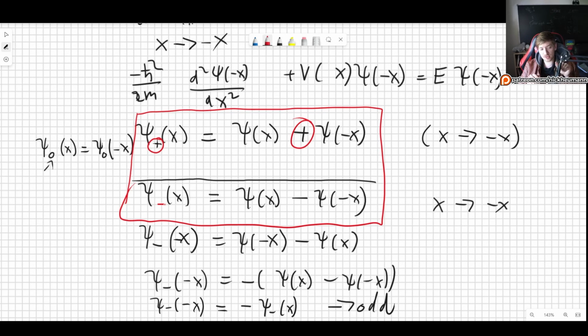You cannot imagine. I have an entire problem about this. It comes later in this chapter where we apply this, and it is so ridiculously easier that you will be thankful that you know this. So pay attention, use this, even if you don't remember the derivation. It's not too complex, but it doesn't matter. Just know that if the potential is even, you can separate your solutions into even and odd, and soon enough, you will see a practical example of it, and you will be thankful that you know this.